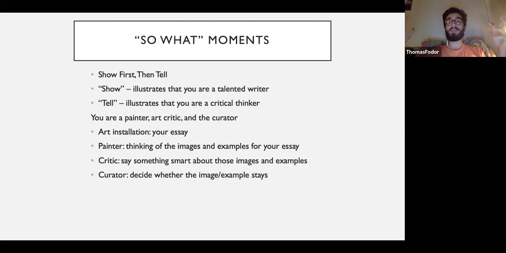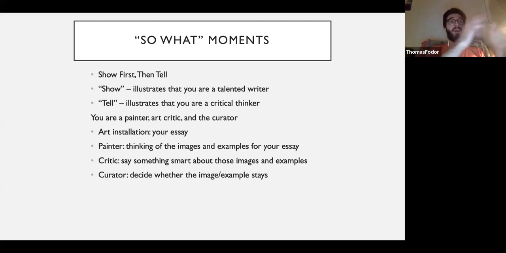But you also need something critical and interesting to say about those art pieces. This is where the art critic comes in, where you say something smart about those images and examples. In your essay, that's what you're going to be saying about your examples and your images. However, the curator is also an important aspect of an art installation.